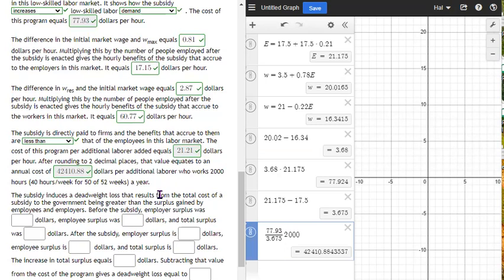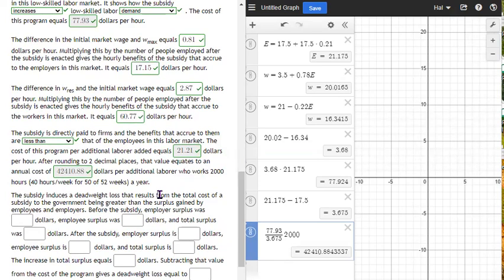Now this isn't what each worker is receiving, right? This is just the cost per year to the federal government per employee if all of those additional workers are working 2,000 hours a year, right? That's a pretty expensive program, right?